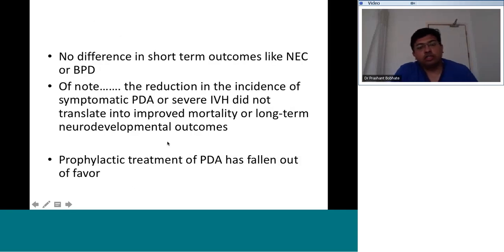However, there is no difference in short-term outcomes like NEC or BPD. Of note, the reduction in the incidence of symptomatic PDA or severe IVH did not translate into improved mortality or long-term neurodevelopmental outcomes, which were assessed at 18 months. So prophylactic treatment of PDA has thus fallen out of favor.